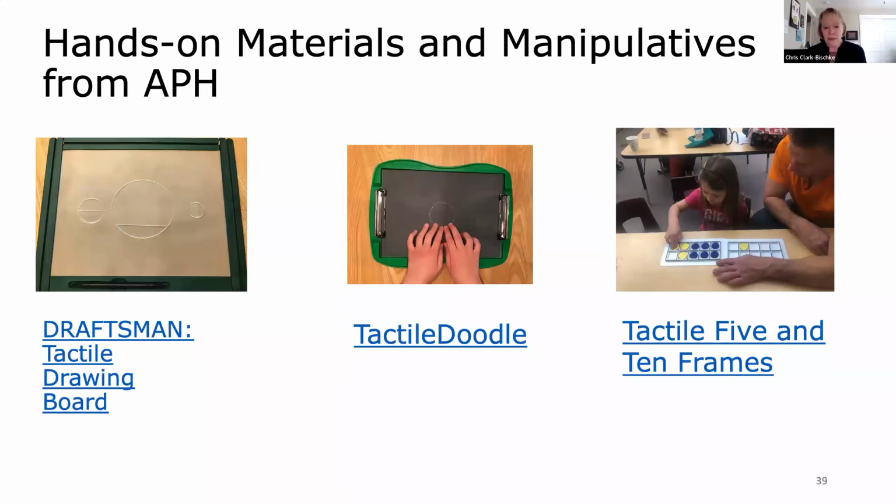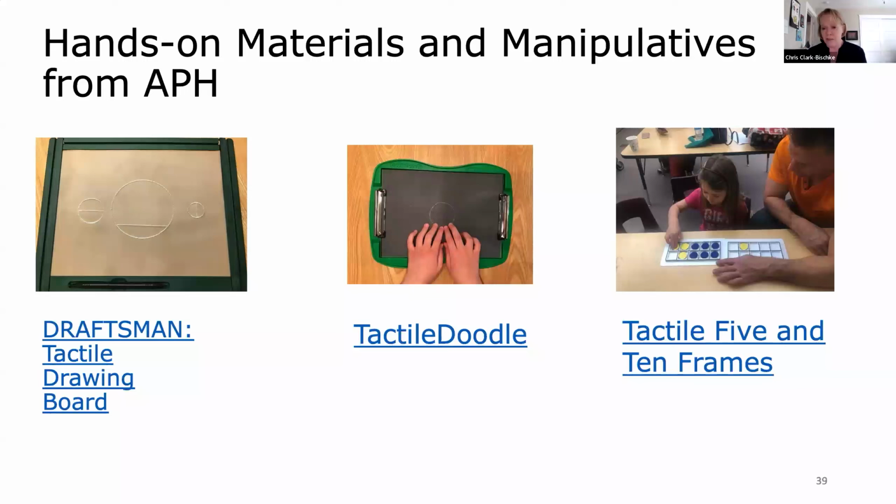The Draftsman Tactile Drawing Board is a great way to integrate quick tactile shapes for students as they're learning different math symbols or shapes, other things that they need to have tactile and easily accessible. Tactile Doodle is a similar type of device.